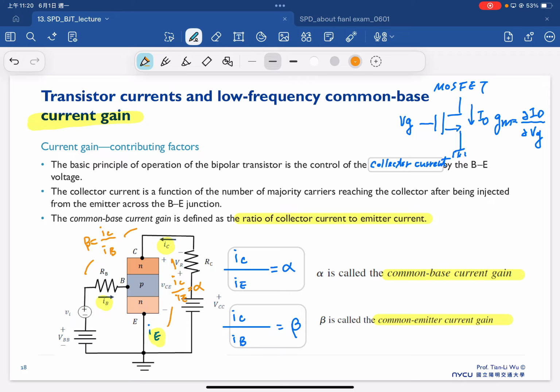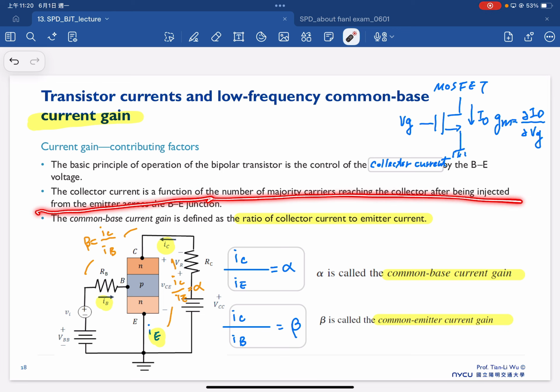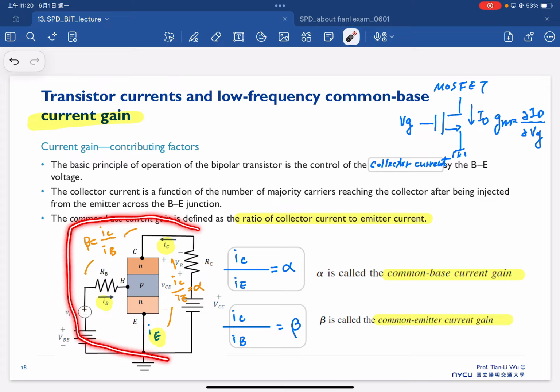So that's the common emitter current gain. To understand the current gain, it is more straightforward to look at this schematic, because if you try to understand the text here, sometimes it's very confusing. If you just remember this schematic, that will be highly helpful for you to understand the different definitions of the current gain.